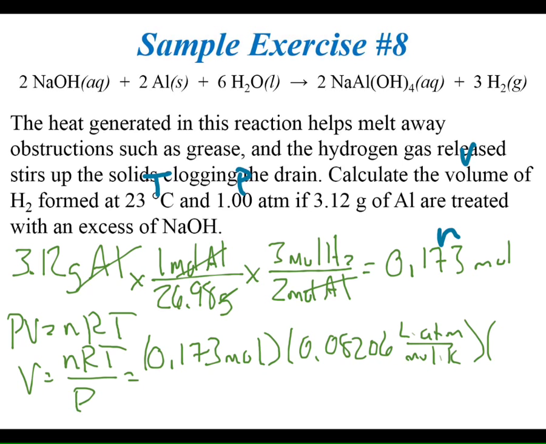What's our T? 23 Celsius plus 273, so 296 Kelvin, thank you. Over our pressure. Pressure was given as 1 atmosphere, about the standard atmosphere in your bathroom probably.